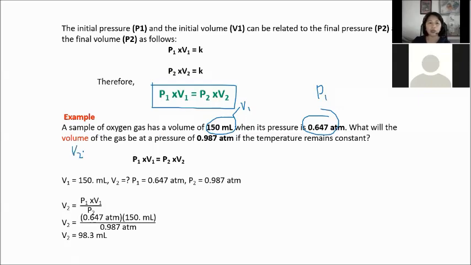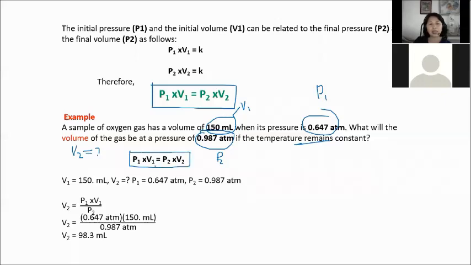So what will be the volume? That's V2, our unknown, of the gas sa pressure na 0.987 atm, our pressure 2. Now, temperature remains constant. Okay, so recall lang natin itong Boyle's Law formula.